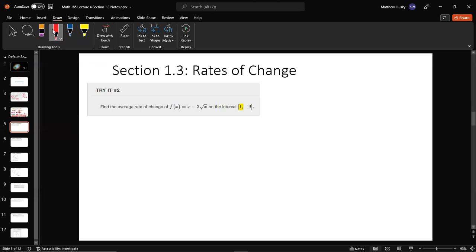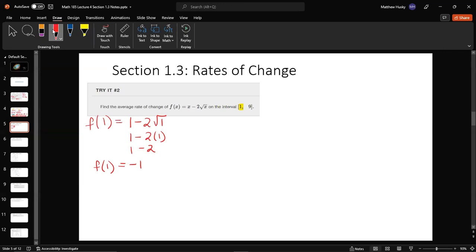So let's do that first, shall we? f of 1 is going to equal 1 minus 2 times the square root of 1. The square root of 1 is 1, so that's just 2 times 1. 2 times 1 is 2. 1 minus 2 is negative 1. So that means f of 1 is negative 1.